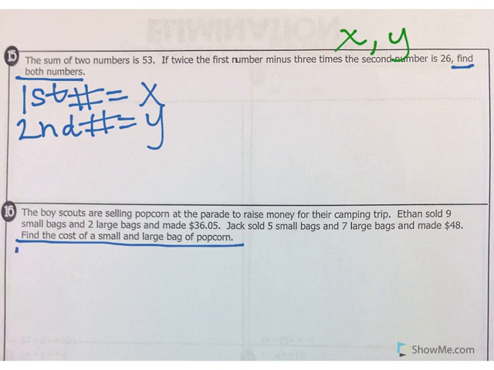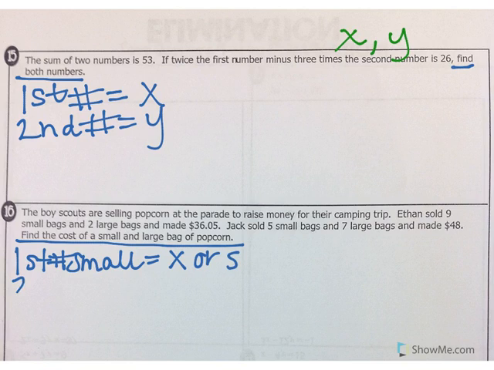So your first variable is going to be small, and it's going to be the x, or you can write it as s, as long as you have two different variables.